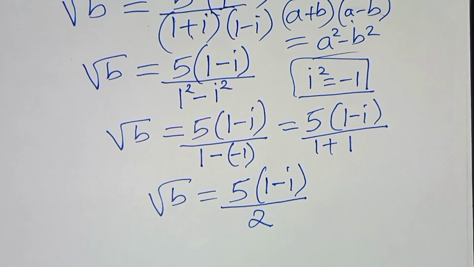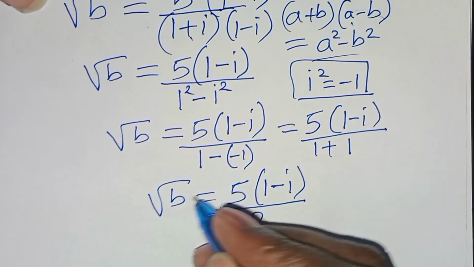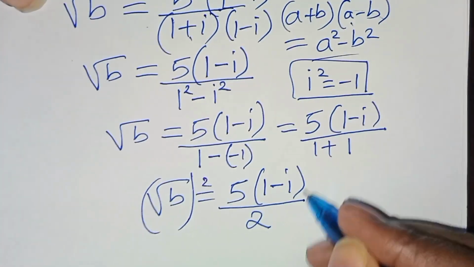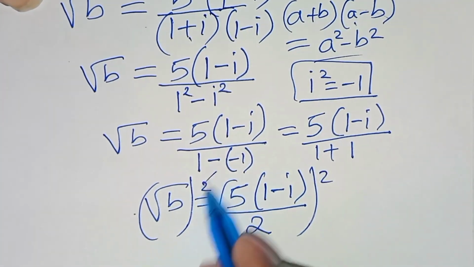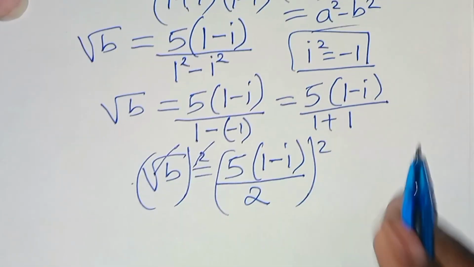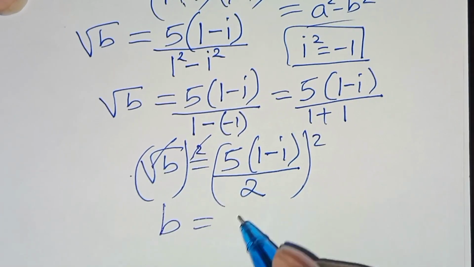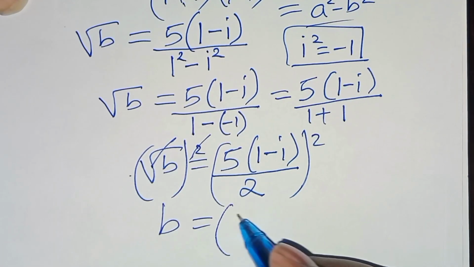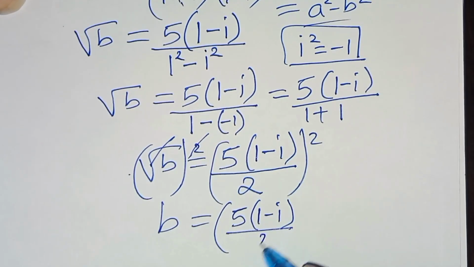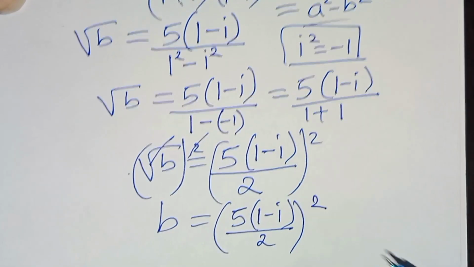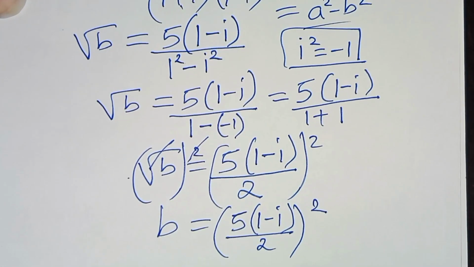Now, the next step here, let's square both sides so that you can eliminate the square root sign on the left hand side. The value of b is equal to 5 multiplied by 1 minus i divided by 2, all of this squared. So let's proceed.